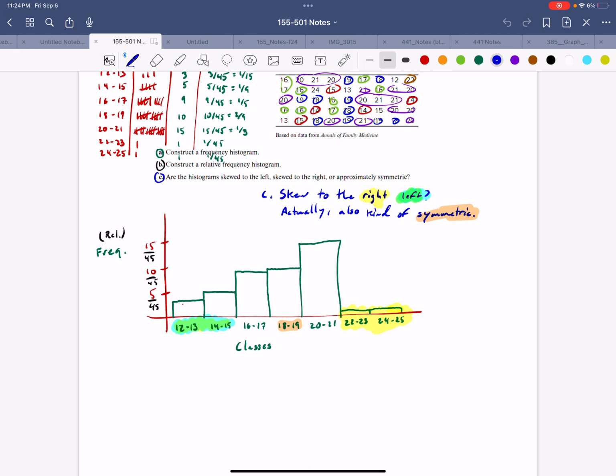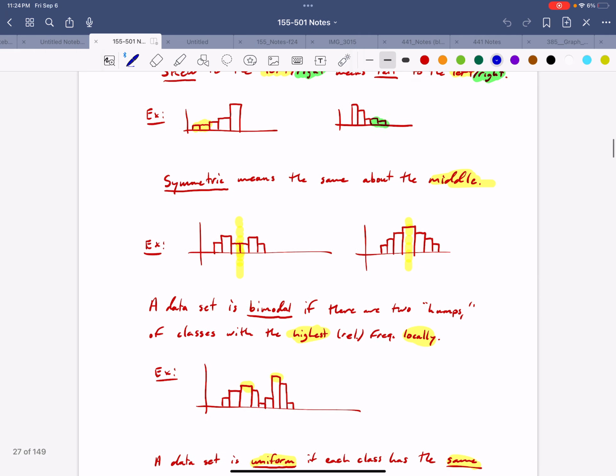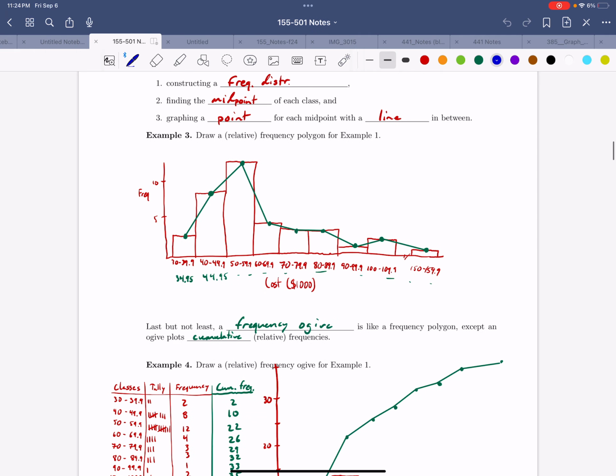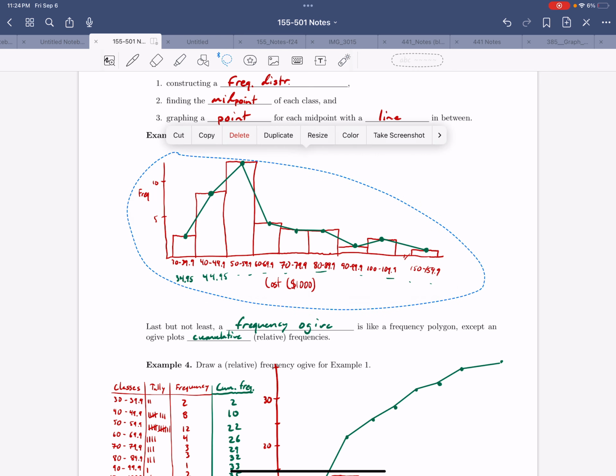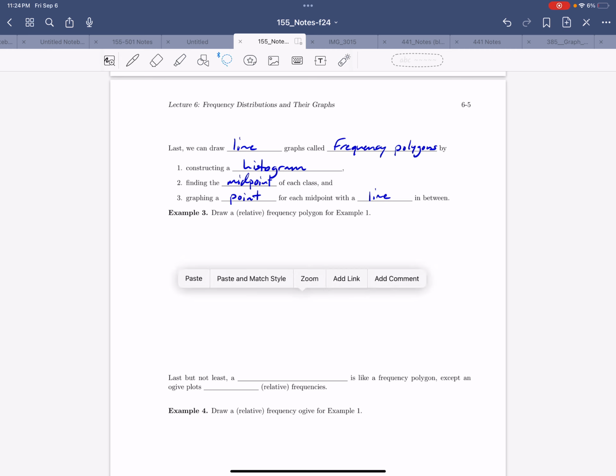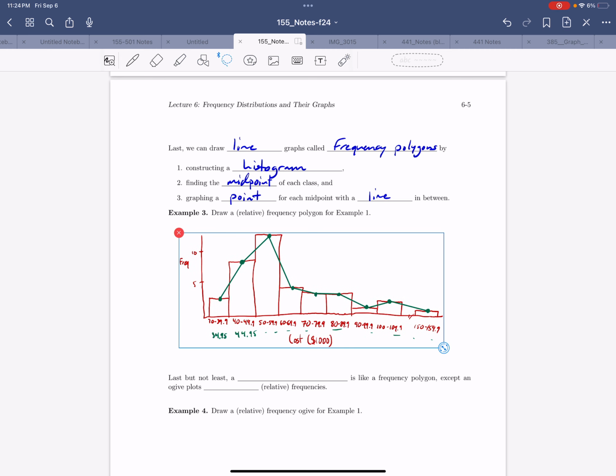So here's a relative frequency polygon example with slightly different data classes. If you want to try it with the original data classes, then feel free to do so. Be a good little exercise.